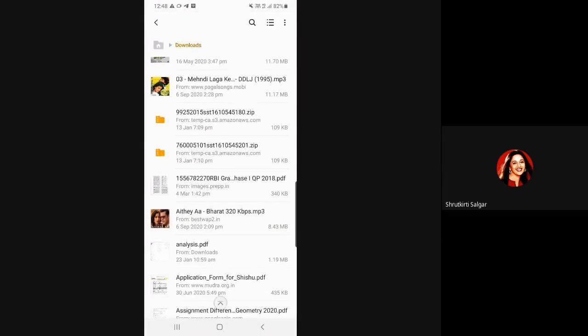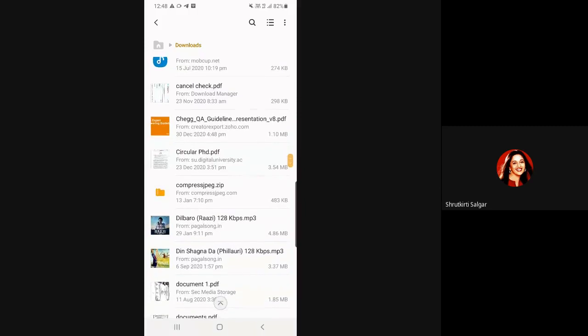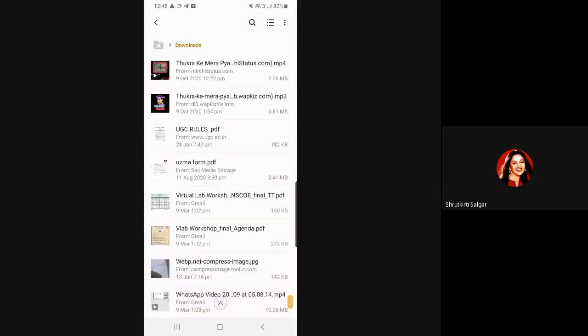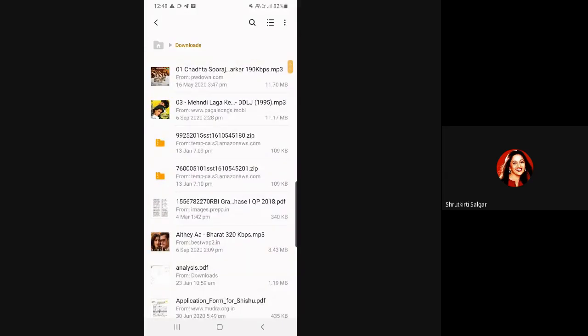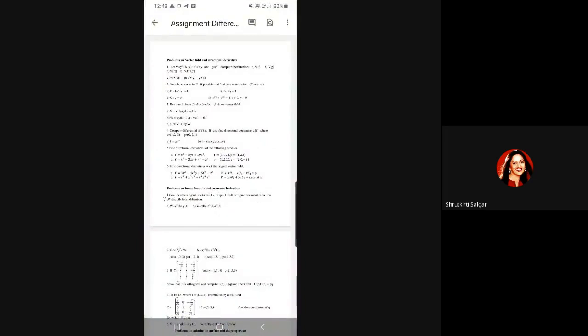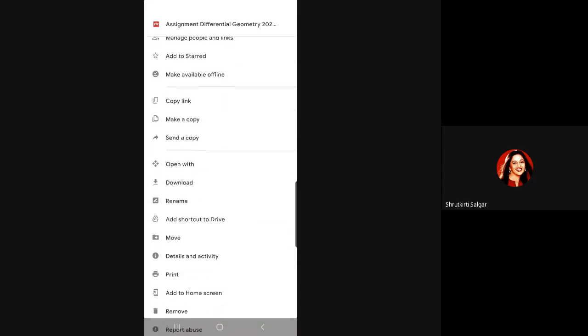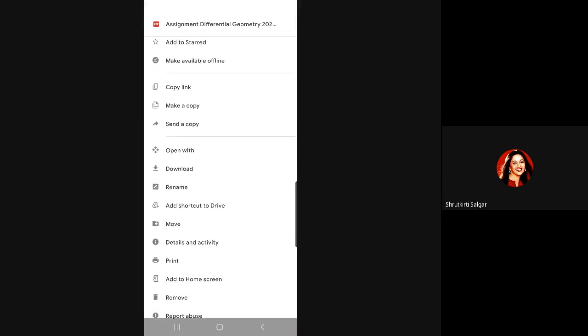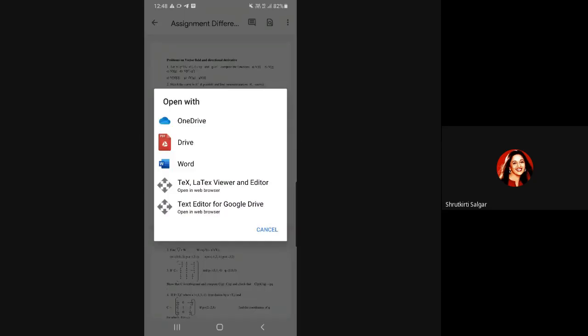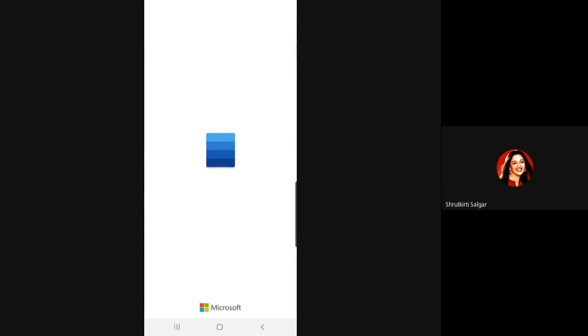In the files we can see this. You can see here, open with is also an option. After clicking on open with, you can select Word. Selecting Word, this file will be opened as a Word file.